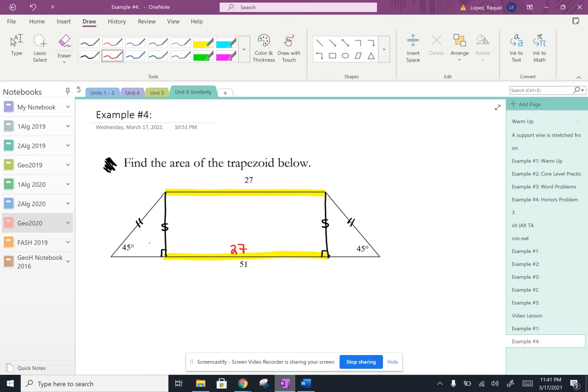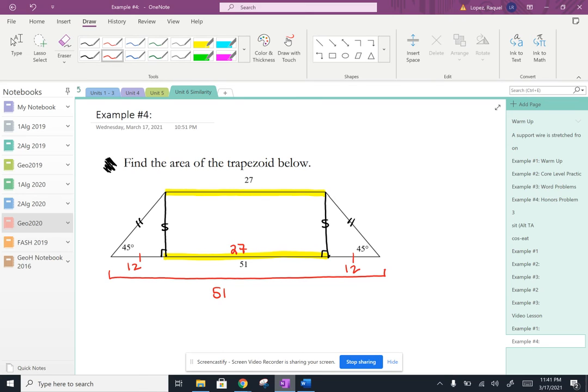Now, since the two triangles are congruent, these two bottom legs are also congruent to each other. Since we know the whole thing is 51, and this middle piece right here equals 27, and we're left with 24 units, each of these pieces is 12 and 12, because 24 divided by 2 is 12.